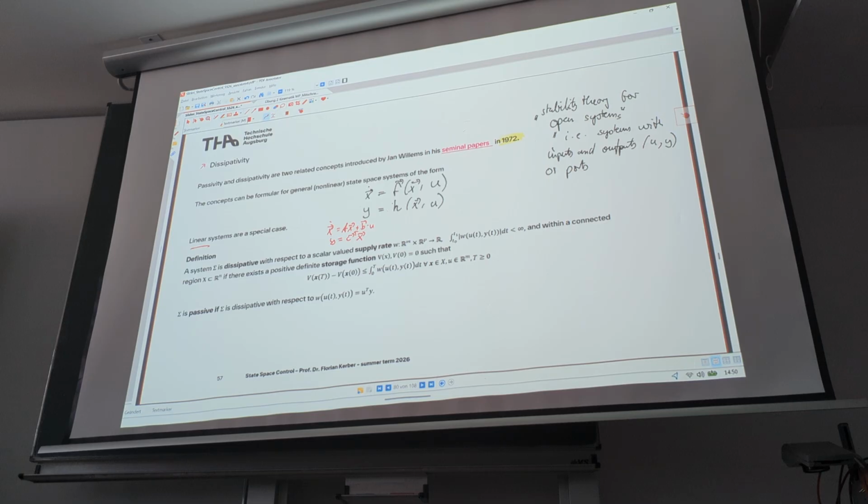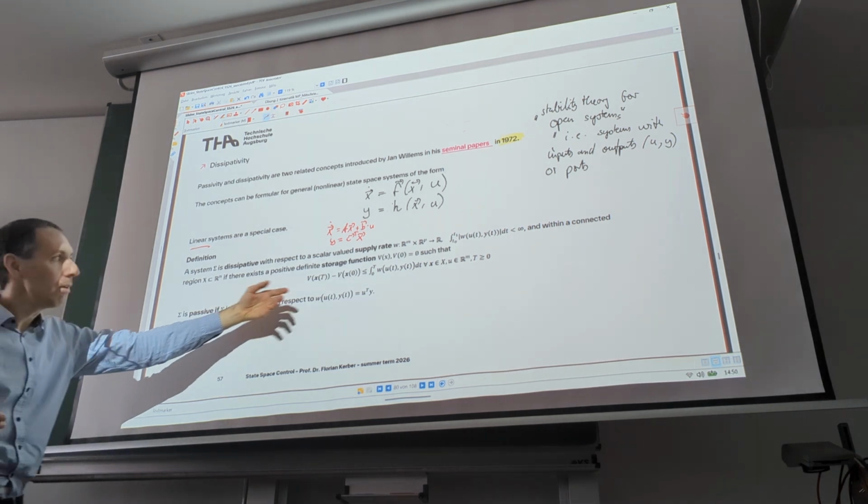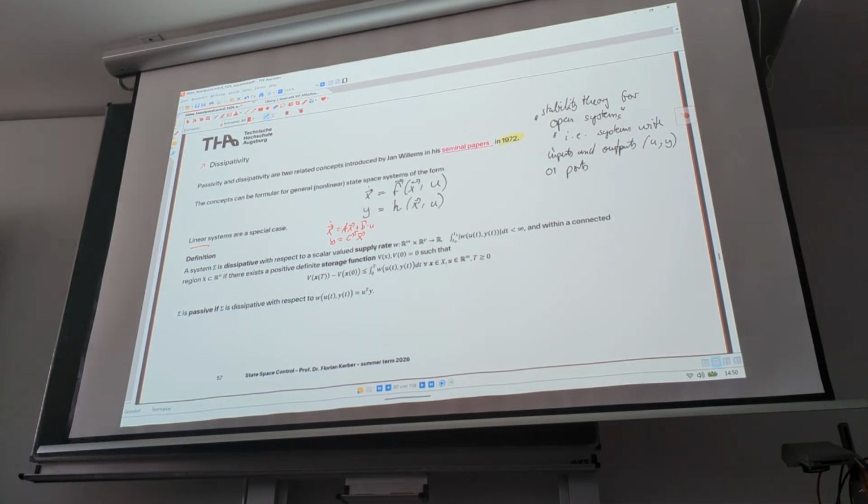But the basic idea is something very intuitive, I guess, physically, it's physical knowledge. You cannot generate energy on its own. You always have to consider the external energy, the supply that we have. Okay? Got clear or not?